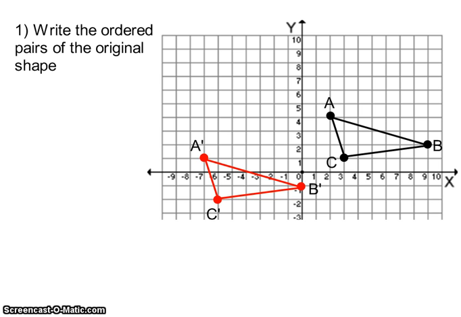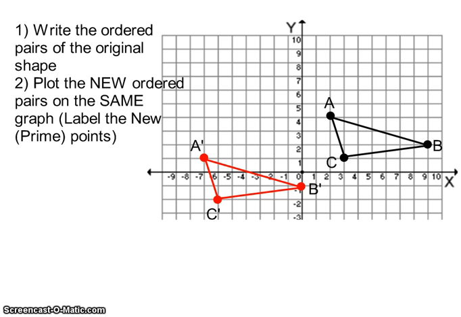So what I want you to do right now is write down the ordered pairs for the original shape. Remember, the original shape does not have the prime marks on them, so it's the black one. Now, what I want you to do is plot the ordered pairs of the new shape.